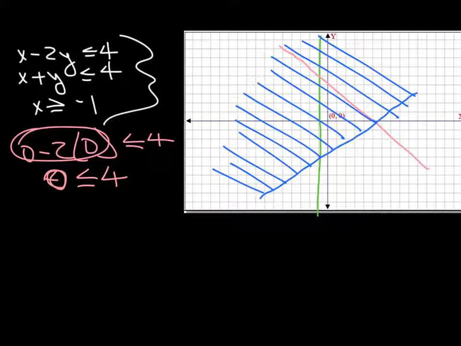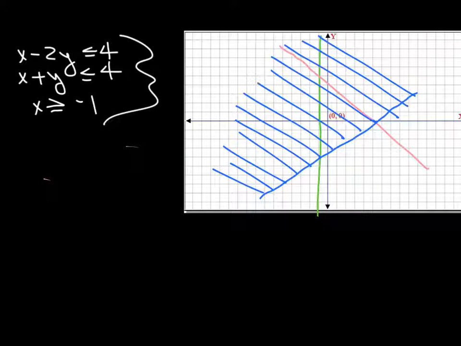Okay, so let's look at the next one, and the next one has to do with the red line. Let's pick a number up here above it, 5, 5, and see if it gets shaded.